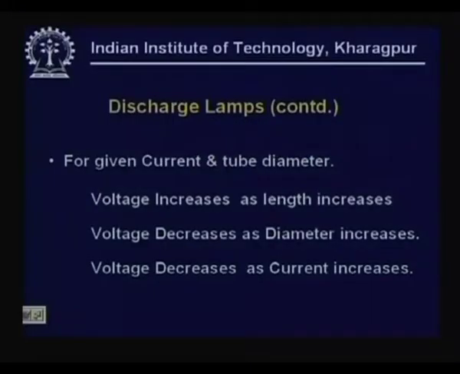And in fact, the modern day energy saving fluorescent lamps are of very small diameter, and being a constant current phenomenon, as the current level increases, it has negative resistance characteristics. Voltage decreases as current increases.